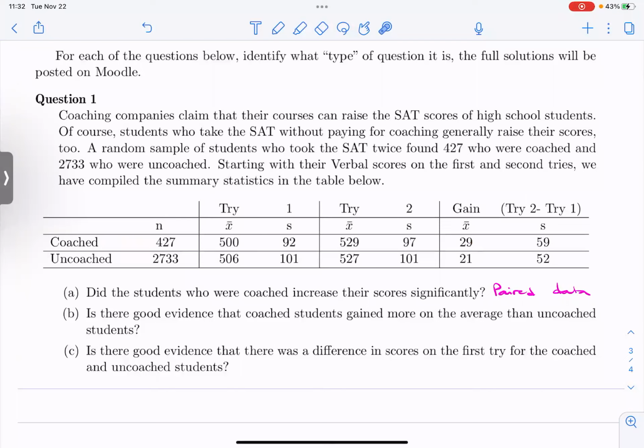The second question, so that's something that I could put up for advertising, right? I significantly increased the scores of the students that I coached. That's good. Is there good evidence that coached students gained more on the average than uncoached students? That would be a selling feature as well, right?